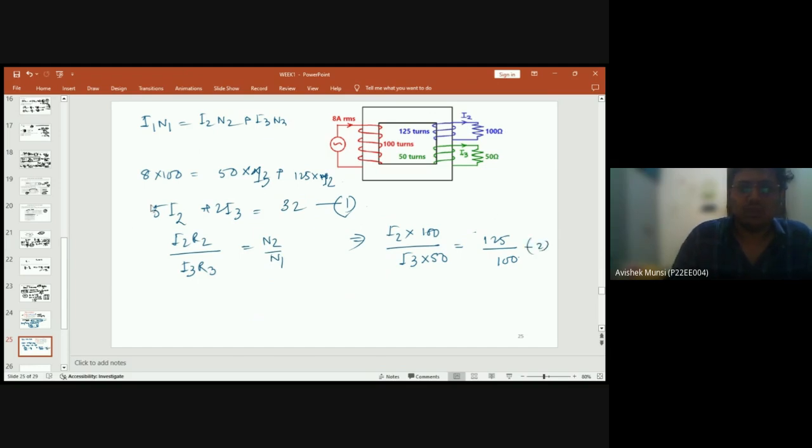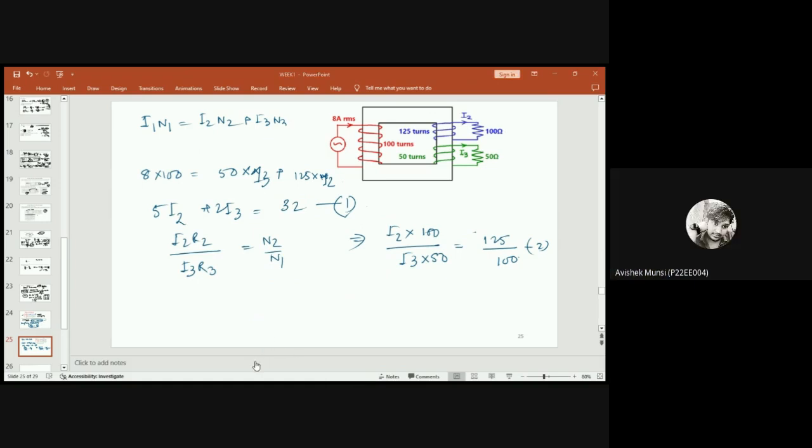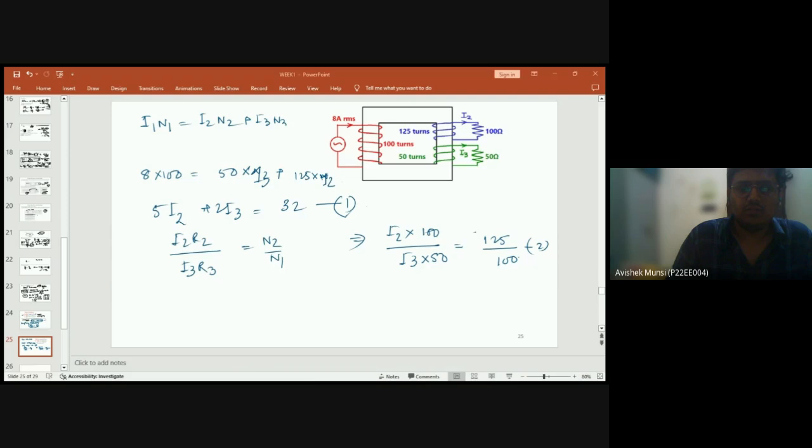So we have two equations. From here you have to solve the problem. Have you solved it? Anyone didn't solve it? Right. So this is I2 100.